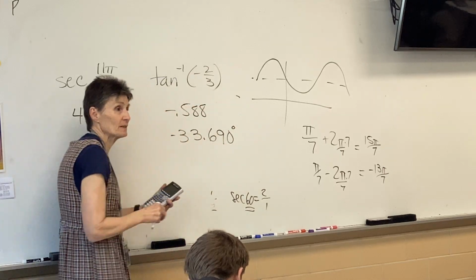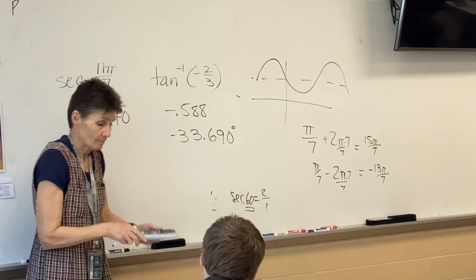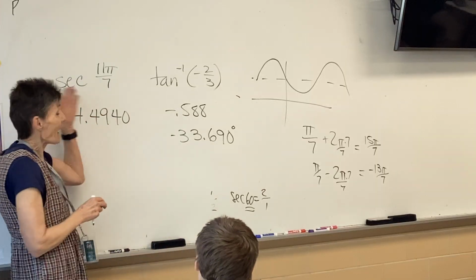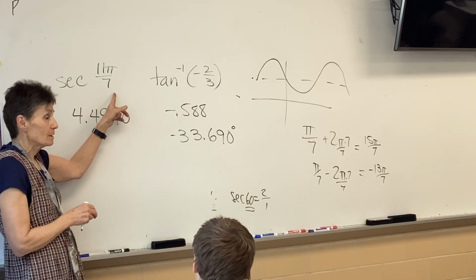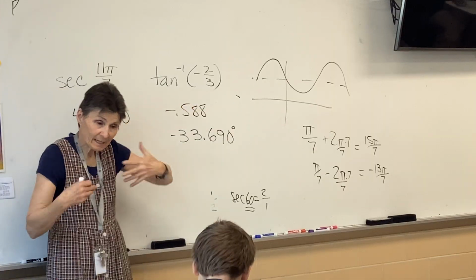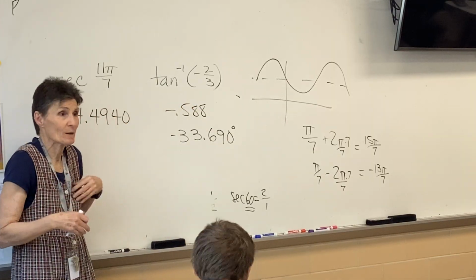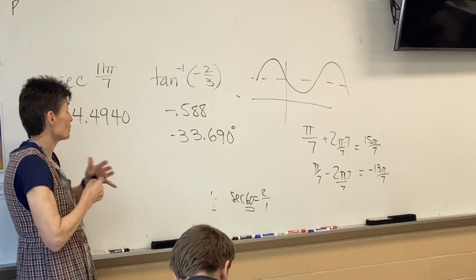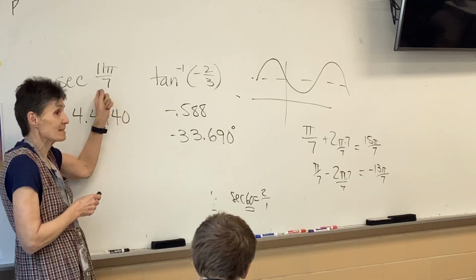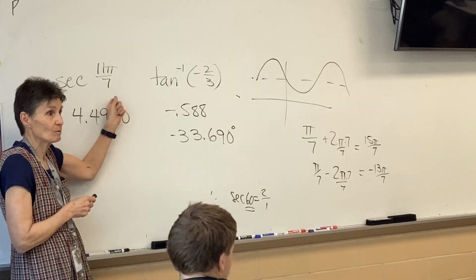They are both perfectly fine answers. This one has to be in radian mode because that's a radian. But here I have no idea. I just know I have to get an angle and it doesn't matter how you answer it. Could be either one. You see the difference between these two problems? That is a radian. You must be in radians.